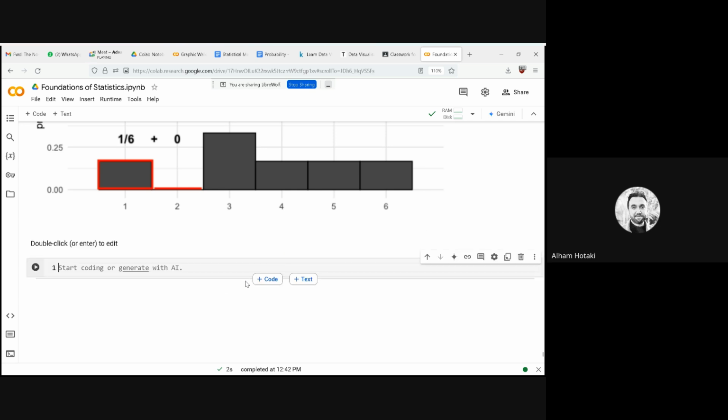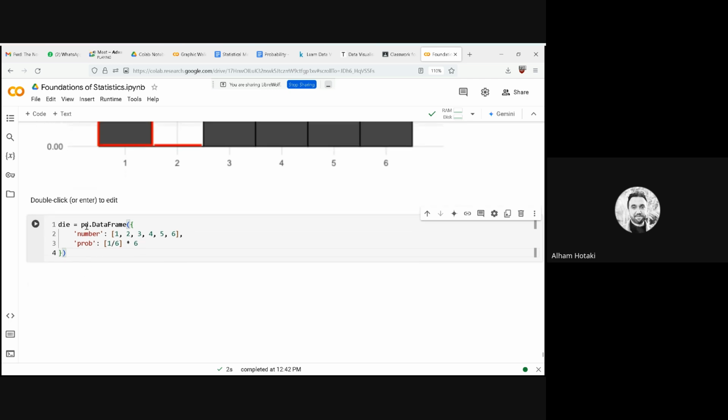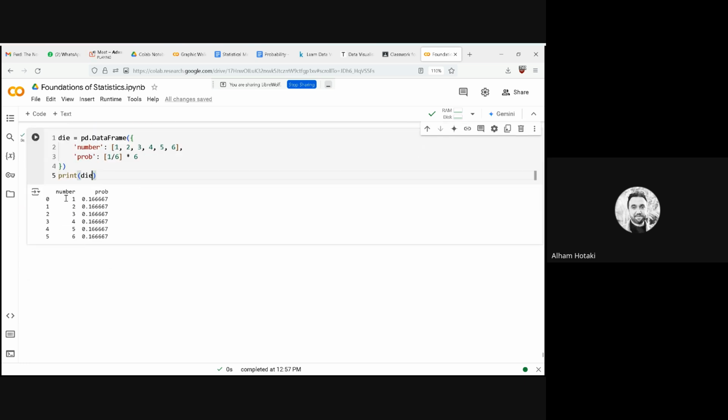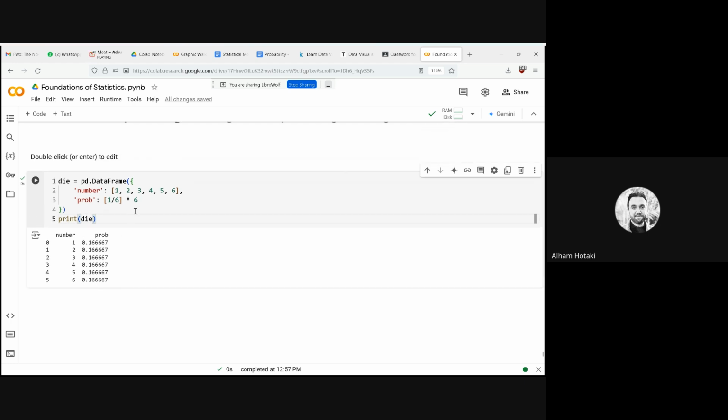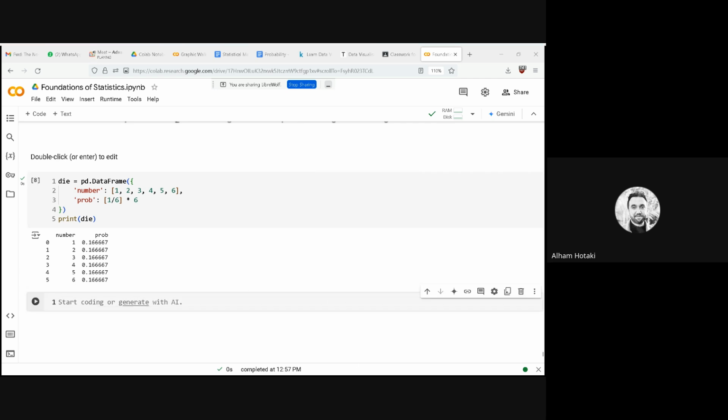If we have a die with, for example, 6 sides, the probability for each side is actually 1 by 6. So if we just print the die, it will show the probability for each side. This is the number, and this is the probability. This is called the probability for each side. So you now understand how the probability works for each side.